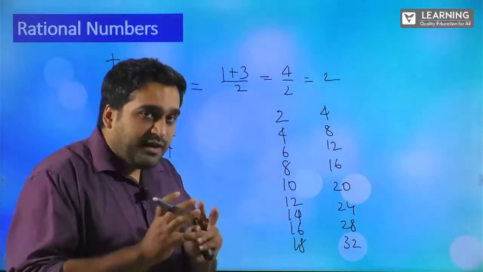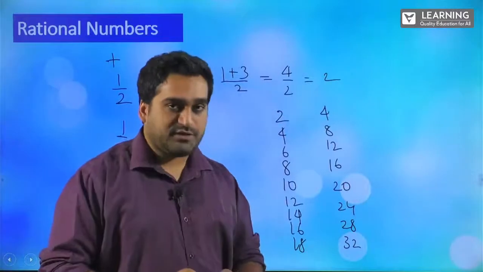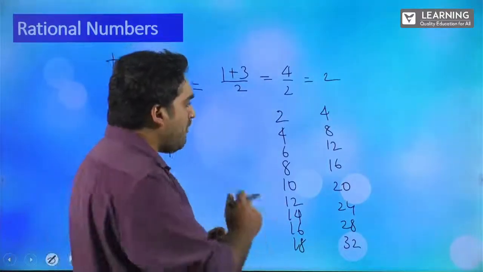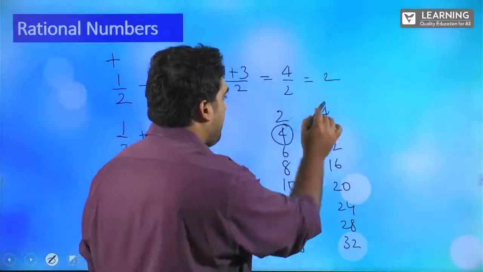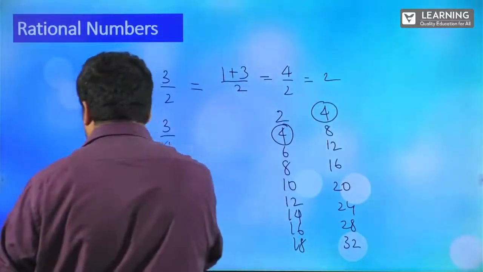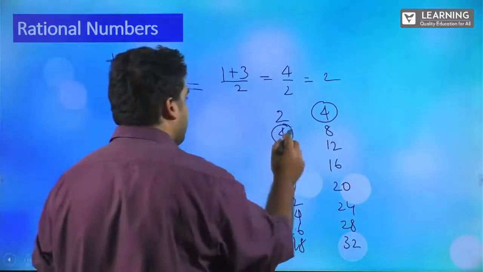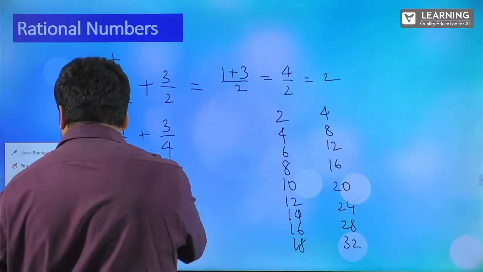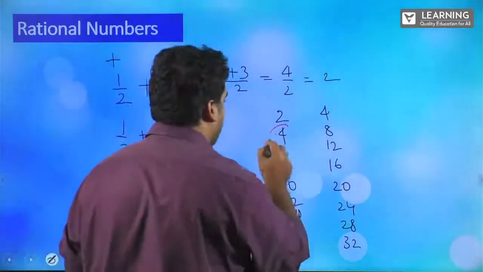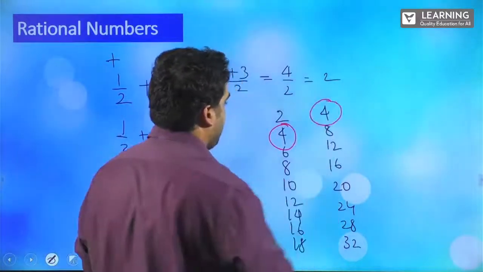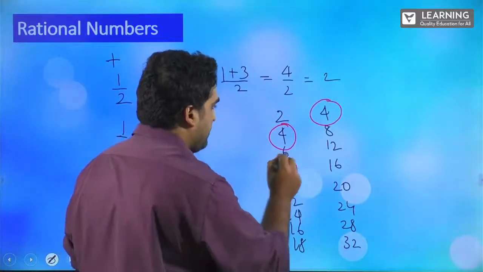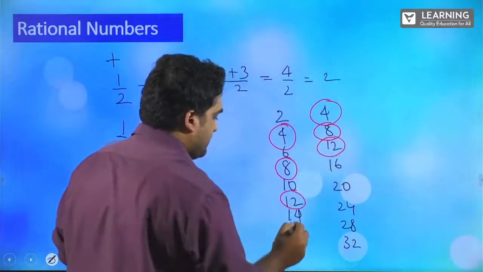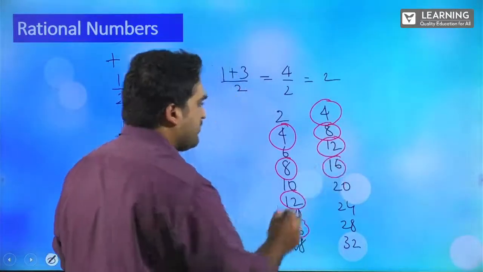Now let us find the common multiples first. So what are the common multiples of 2 and 4? Let me use a different color for that. Red. The common multiples are 4, 8, 12, 16, and so on and so forth.